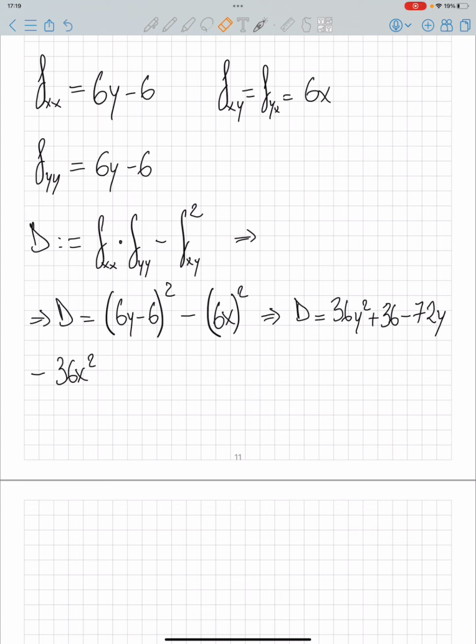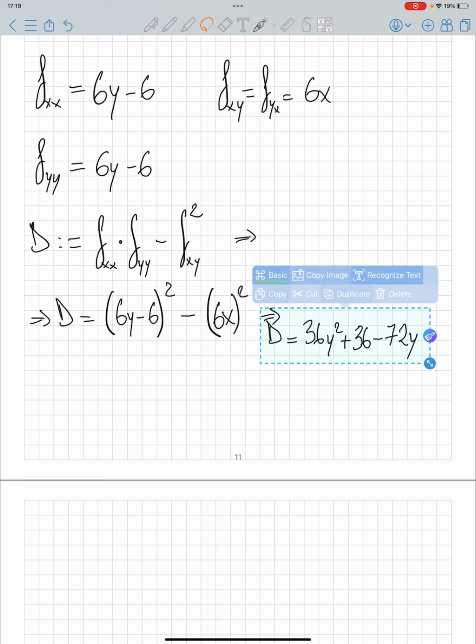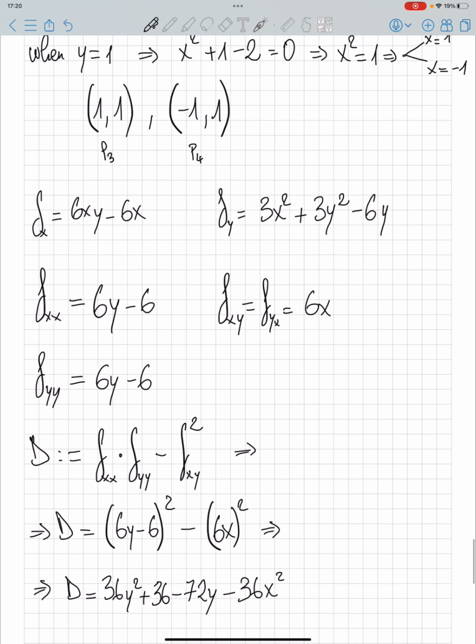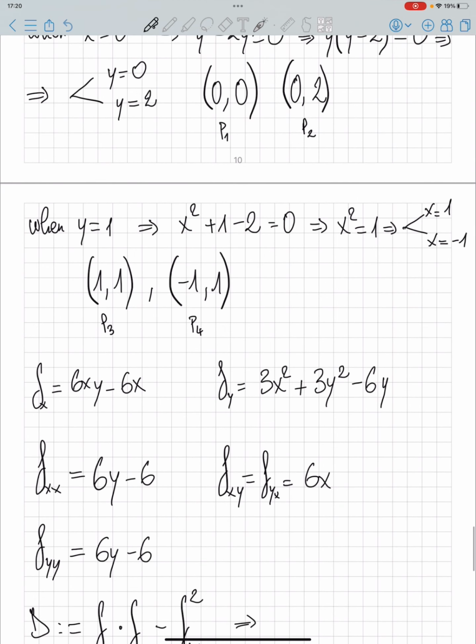Let's just write it properly. I'm going to put this down here. So this implies that our d is equal to this minus 72y minus 36x squared, right?